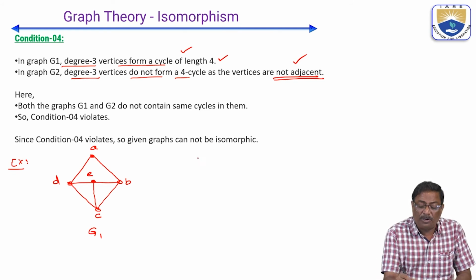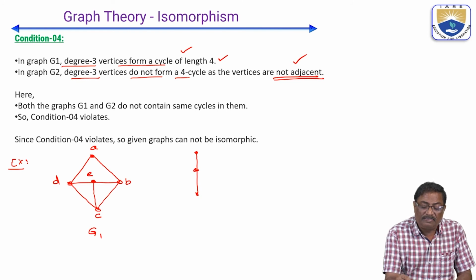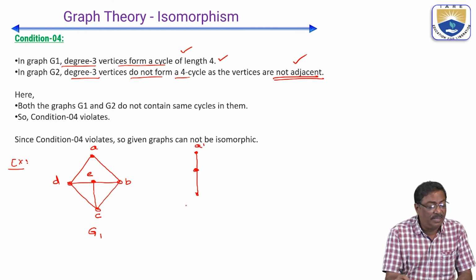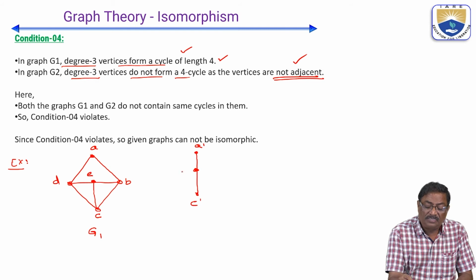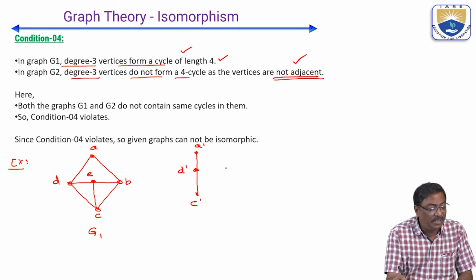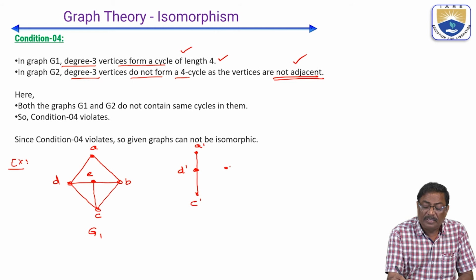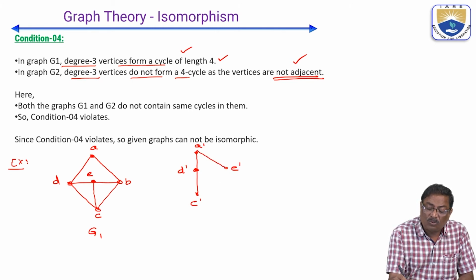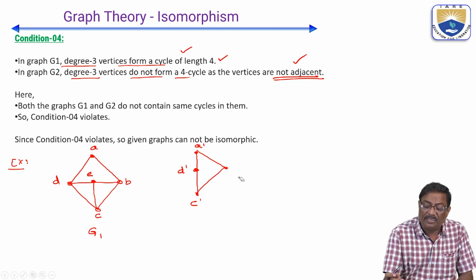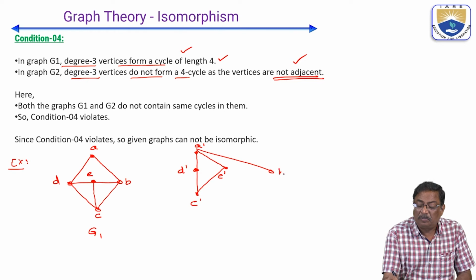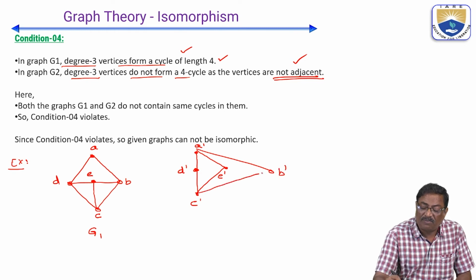And now I am going to consider another graph. Let us say this is A dash, then C dash, D dash, and E dash. And now let us discuss E dash. Let us say E dash is like this, and next B dash is another vertex.